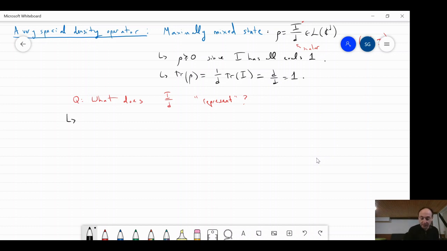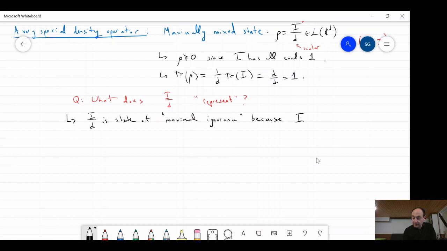So let me tell you. The identity over D is a state of maximal ignorance. Please don't use that as an insult against your friends. It is a state of maximal ignorance because, what can we say?